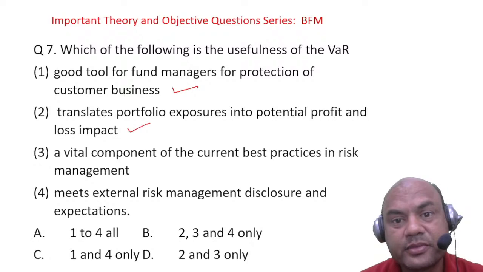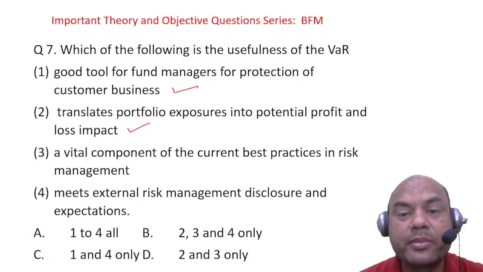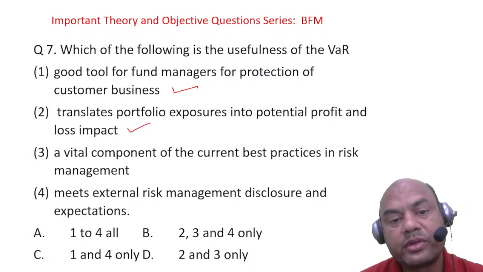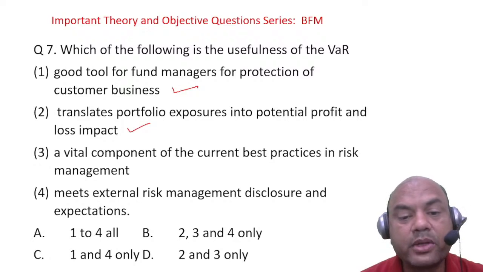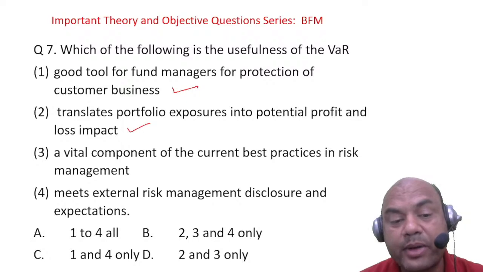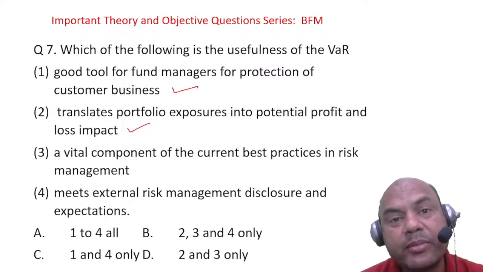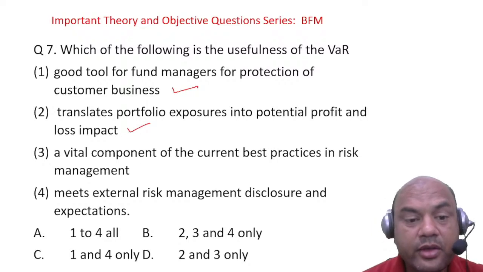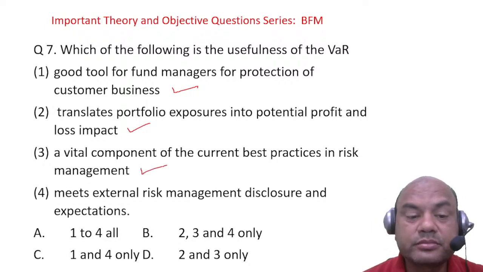Banks predict based on your VAR. A vital component of the current best practice in risk management. Remember, VAR is the best tool nowadays available for any banking calculation. So C is also the answer.